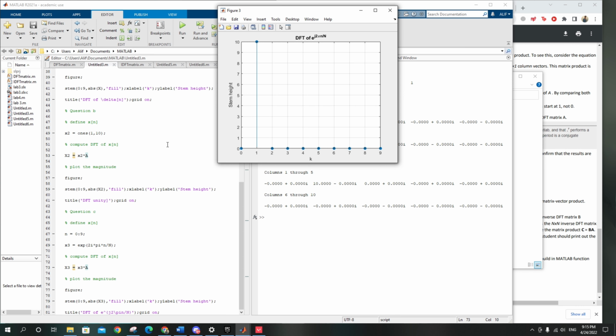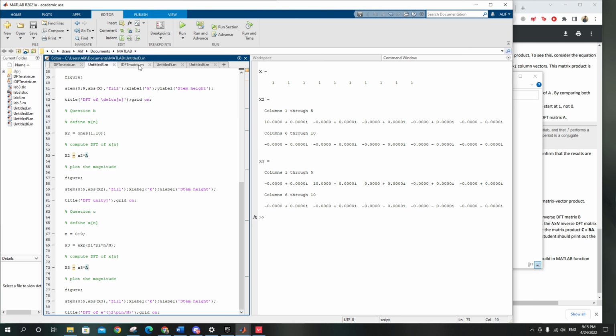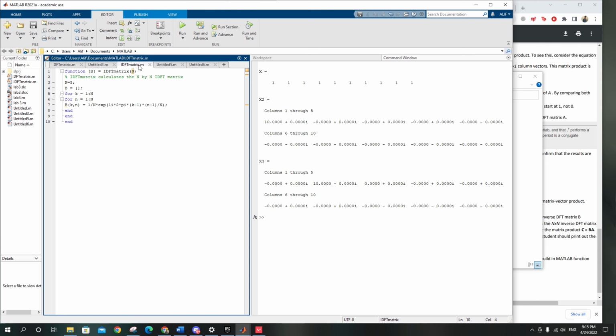So for question 3, we express the inverse as matrix vector products. The analytic expression of the inverse DFT matrix B is given, then the function B equal to IDFT matrix, which returns the n times n inverse DFT matrix, is generated by using the MATLAB function. To begin with, the function command is used to define B equal to IDFT matrix.